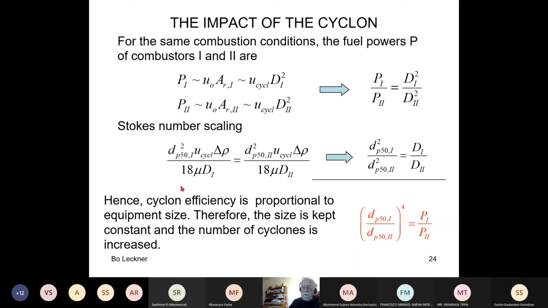And this is actually the conclusion of this. When the cyclone becomes too large, it's not very efficient.